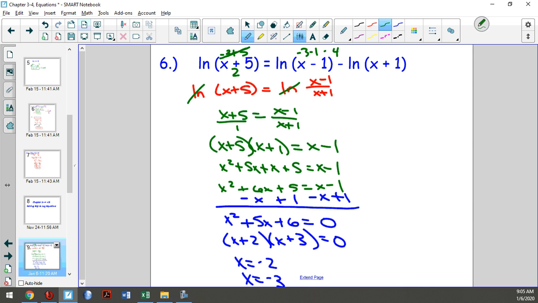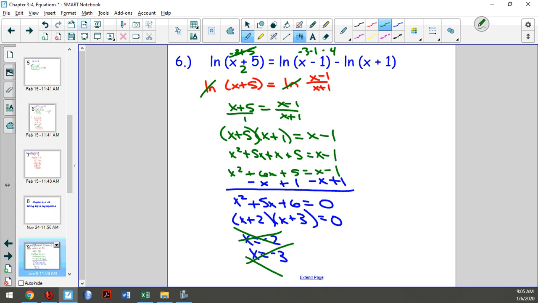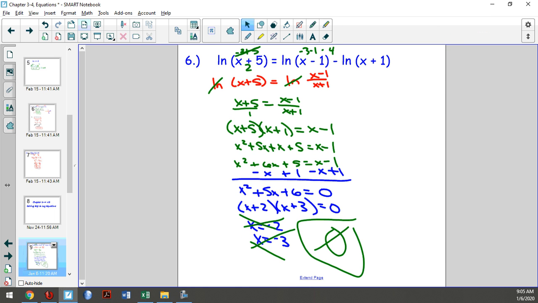Ooh, that's a problem. Can you take the natural log of that? No. What about -2 minus 1? Can I take the natural log of that? No. So what that implies is neither one of those are actual answers. They're extraneous solutions, so my only answer is no solution. Do we get that? Yes or no? When in doubt, graph it out to determine that, and you'll be able to see that immediately. Do we all understand that?